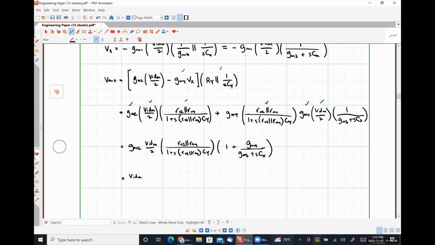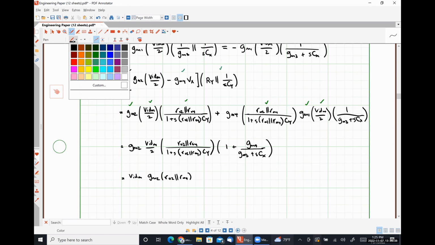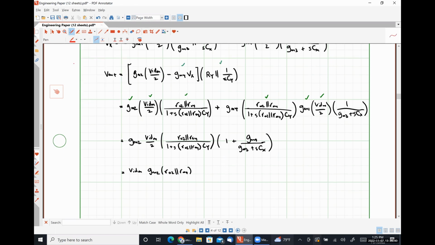I'm going to pull my VIDM out in front. Then I have GM2 multiplied by R naught 2 in parallel with R naught 4. And I'm going to make a designation here. That's our mid-band gain that we came up with the other day.